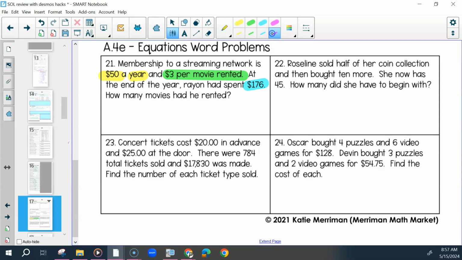And we're looking for how many movies did you rent? When you set up these equations, you always need some variable in order to do it in Desmos. So I'm going to call that whatever the question is. I'm just going to call it X for number of movies.